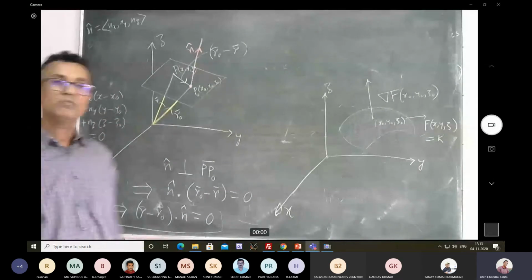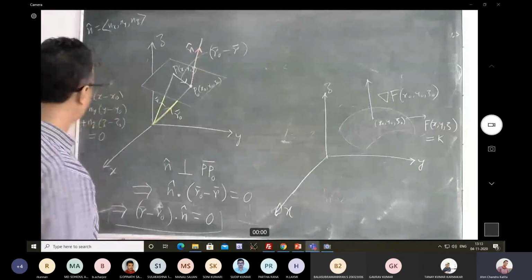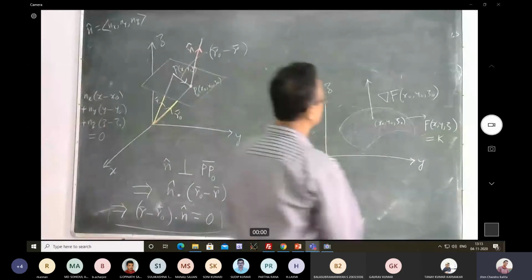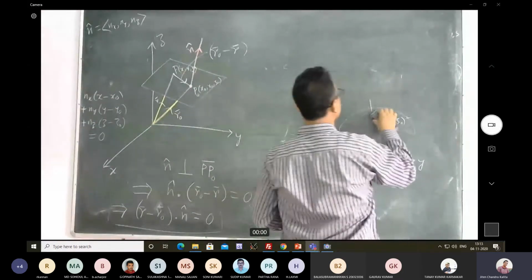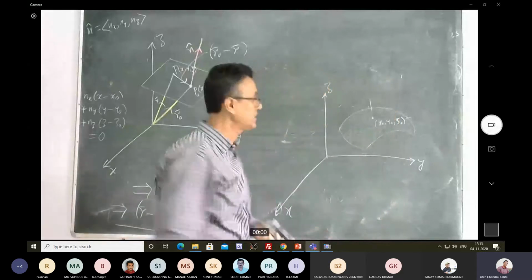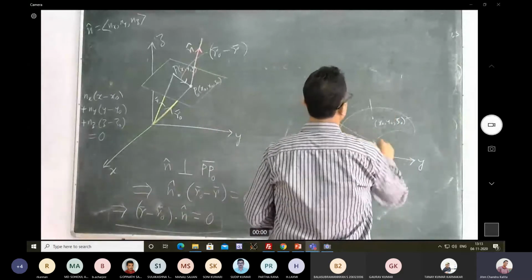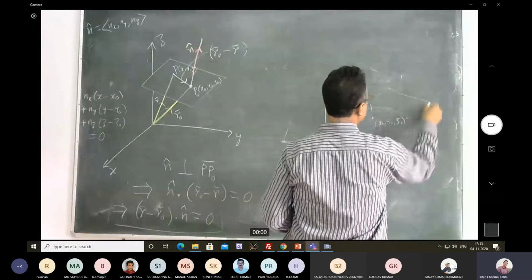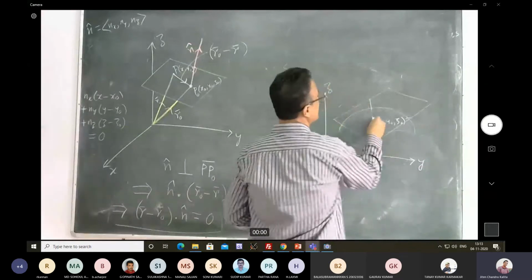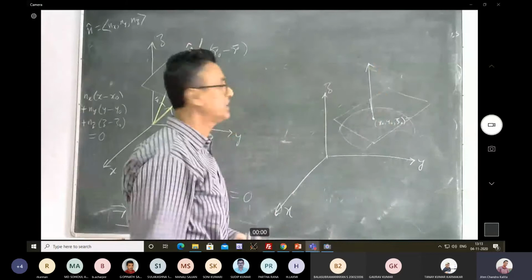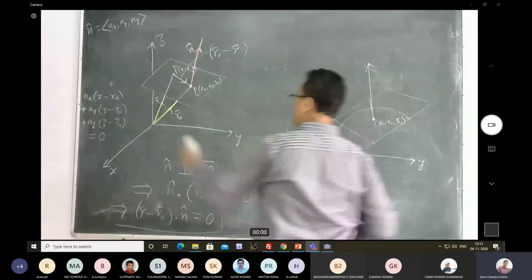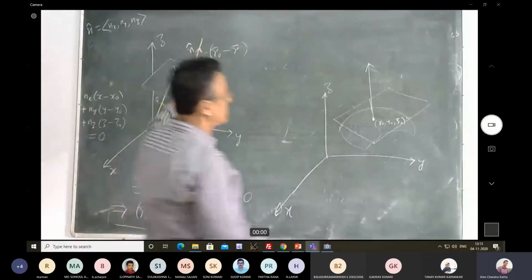Is it okay? Fine. Now, if I use the same concept to determine the equation of a tangent plane to a surface which is given as a level surface at the point x naught, y naught, z naught, then what is going to happen? The same concept I have used.